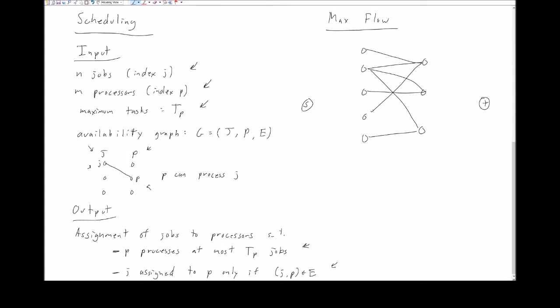Now what we'd like to do is say that each one of these jobs is going to have one unit of flow available to it, and that one unit of flow is going to go to exactly one processor, and that processor has to be linked to this job through the availability graph. To get that one unit of flow to the job, we're going to have an arc from S to the job for each one of the jobs.